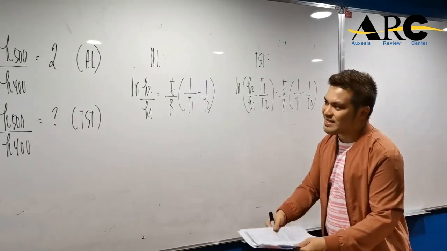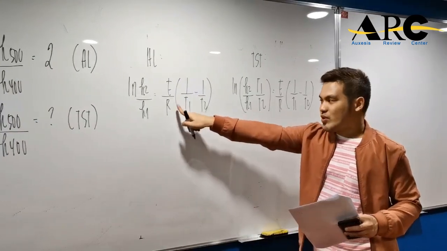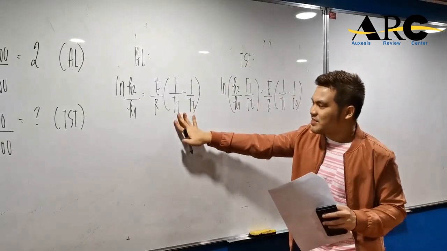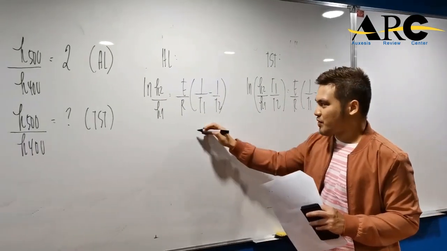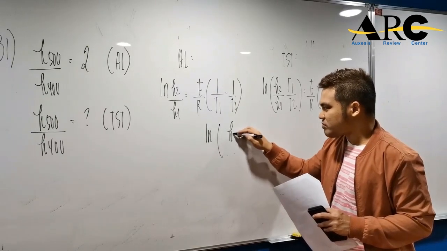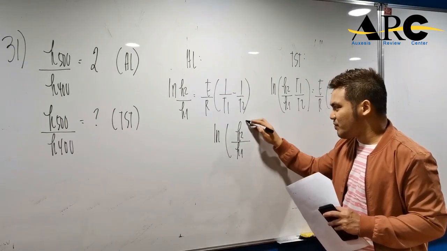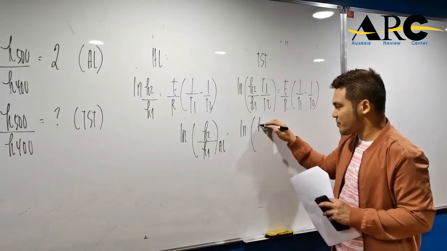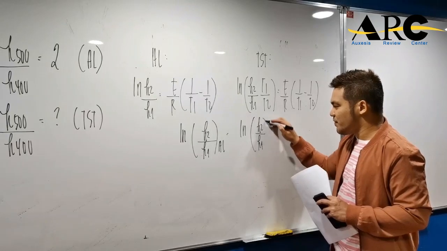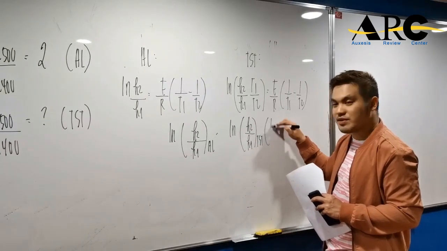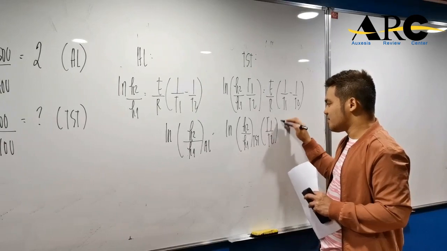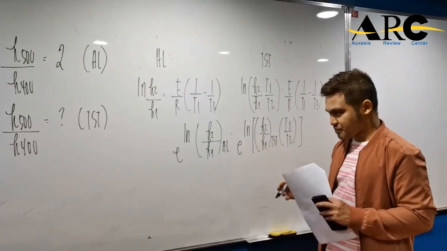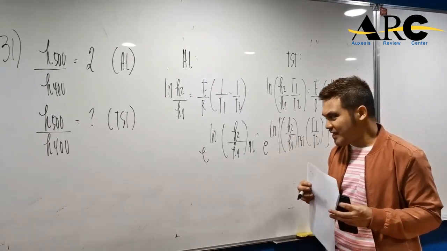So, nakita naman natin, sinabi sa problem, so, parehas daw yung value ng E over R. Parehas din daw yung T1 and T2. So, ibig sabihin, yung ln ng K2 over K1 kapag Arrhenius law ay equal yan sa ln ng K2 over K1 ng transition state theory times T1 over T2. So, cancel na yung ln.